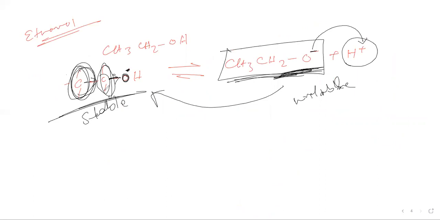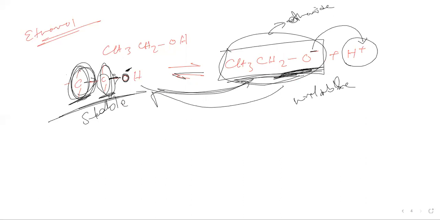Now, as I mentioned, the ethyl group, or the alkyl groups present here, are what? Electron releasing groups. Due to that, electron is pushed towards the oxygen atom. Now, when we consider this ionized situation, this is known as the ethoxide ion. This ethoxide ion tends to be very unstable.